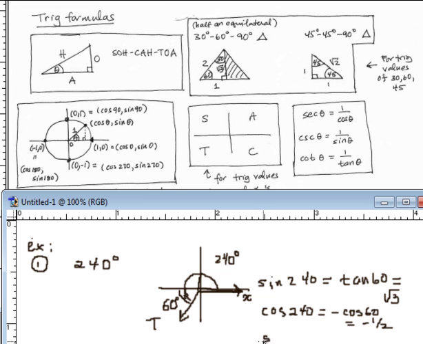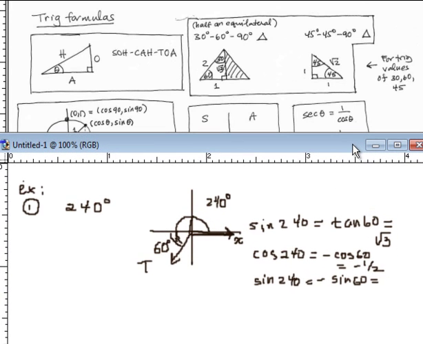And sine 240 is minus sine 60, which is negative square root 3 over 2. So that's just a review of what we did yesterday.